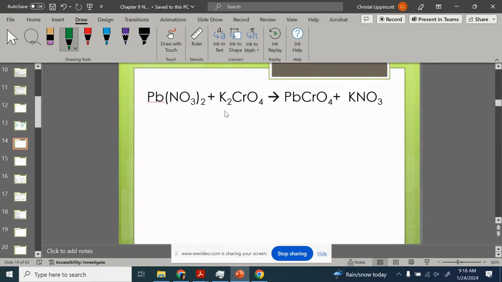Here we go. All right. So here I have lead. I have nitrate here. The nitrate is the same on both sides, so I'm going to keep that together. I've got potassium, and then I've got chromate here.